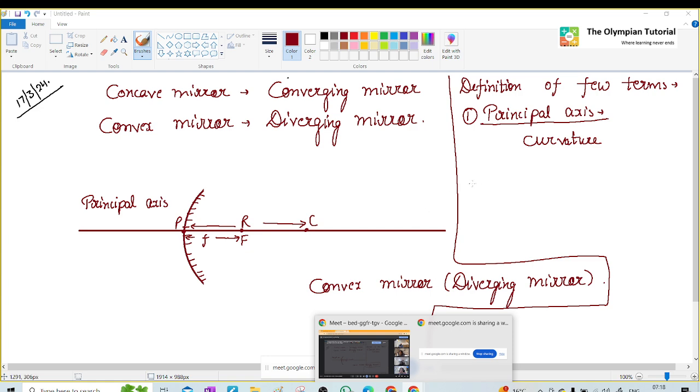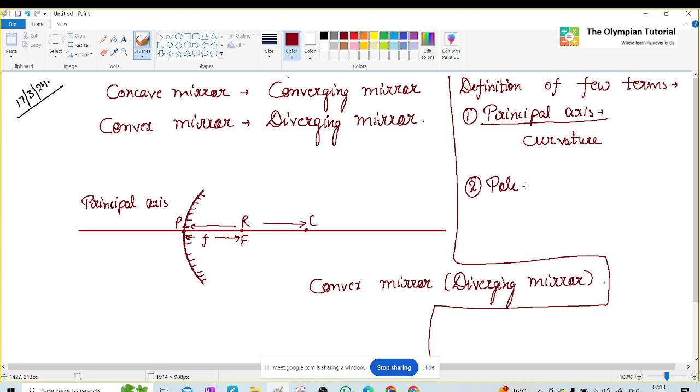Next is pole. The geometrical central point of the reflecting spherical surface is called pole.